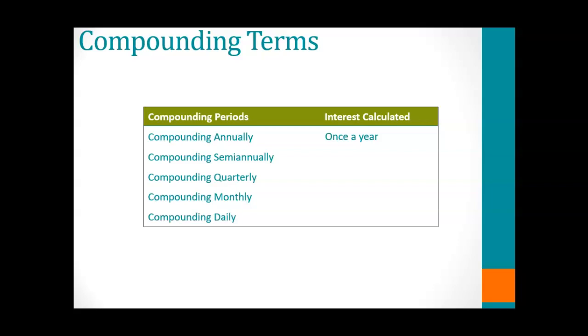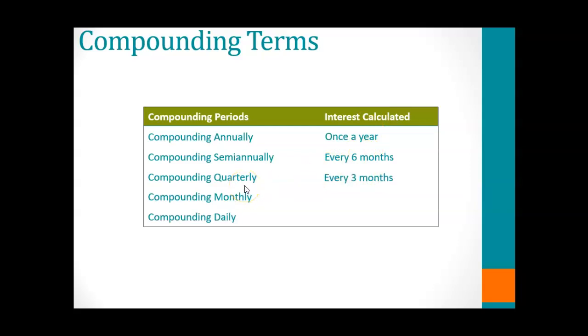When we say we're going to compound interest annually, that means we're going to calculate interest once a year. If it's compounded semi-annually, we're going to calculate interest every 6 months or twice a year.